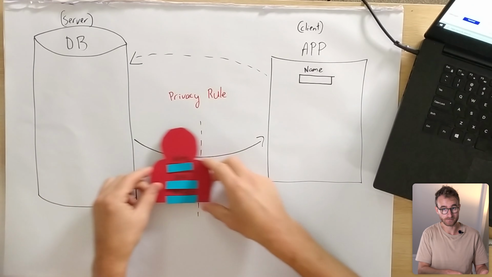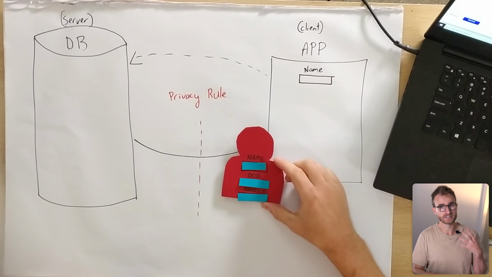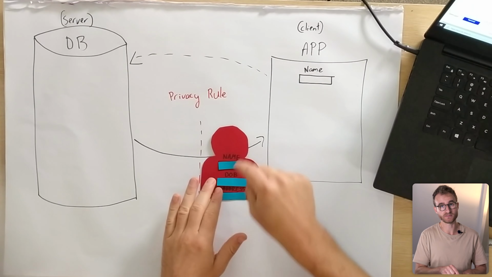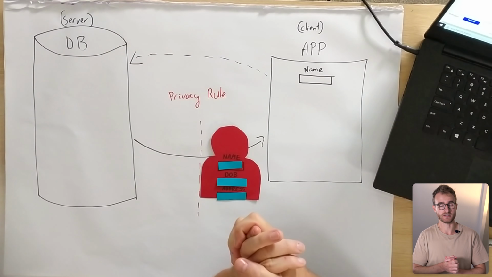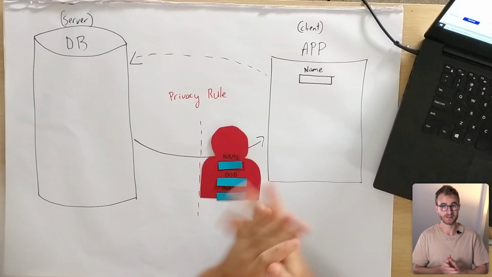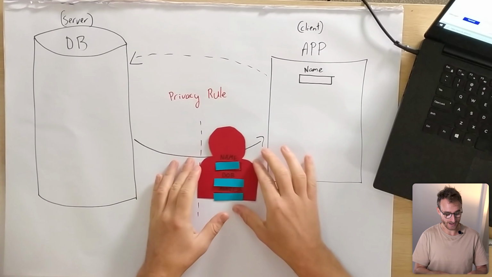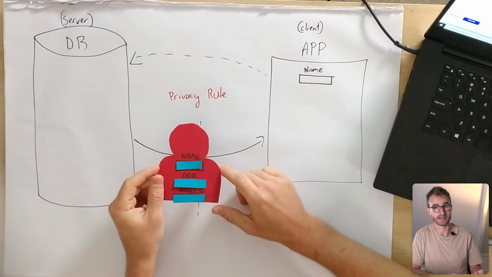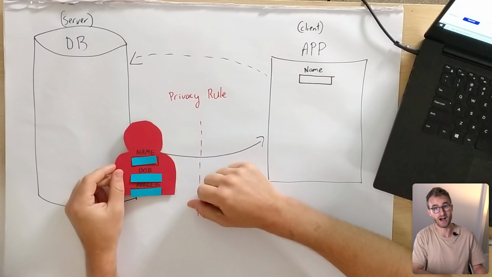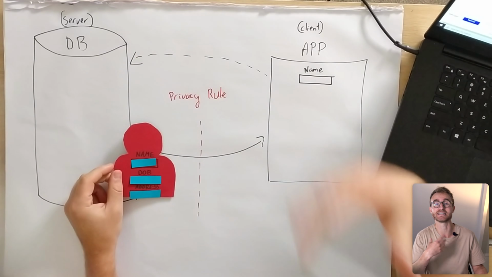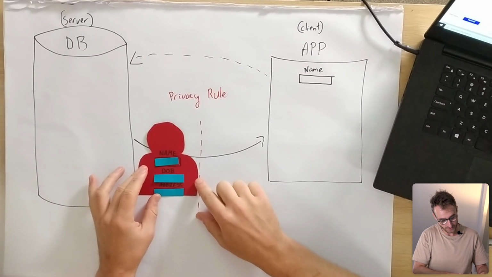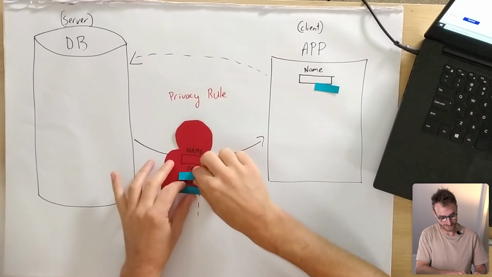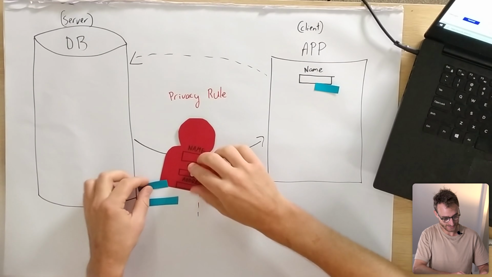And the privacy rule itself is going to say, I only want some of these fields to be sent through to the application. The rest of them have to stay behind. So we might have a rule that says, look, unless the user that you're sending is the user who's logged in, i.e., only let users see their own information, then the only field that's allowed to pass through here is the name. These guys have to stay behind.